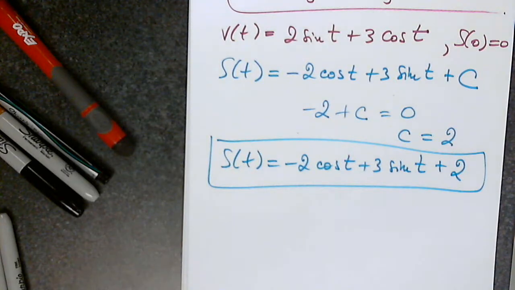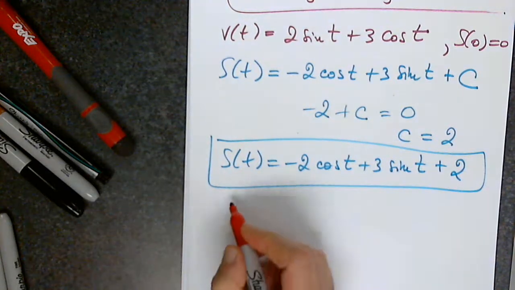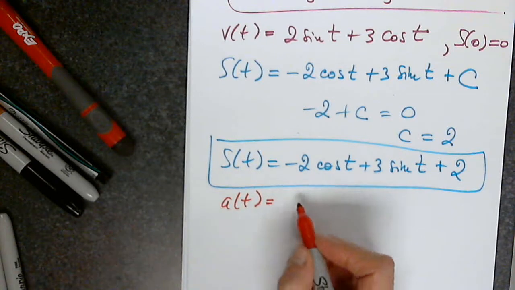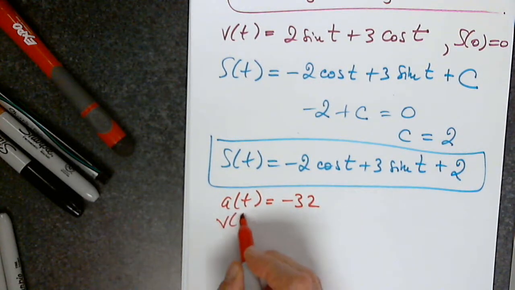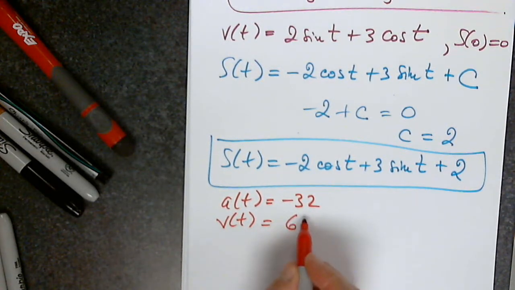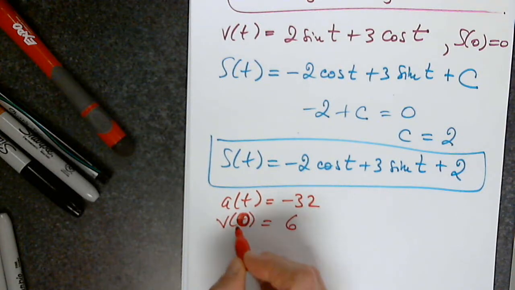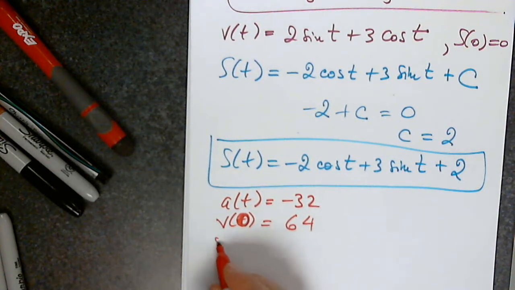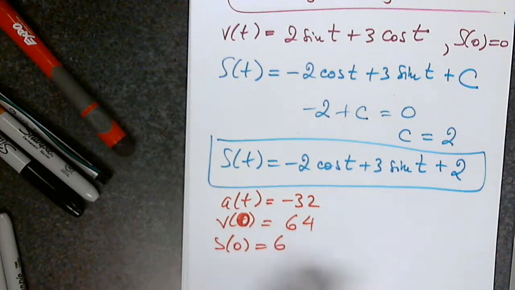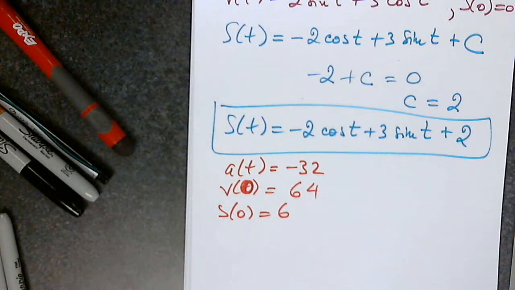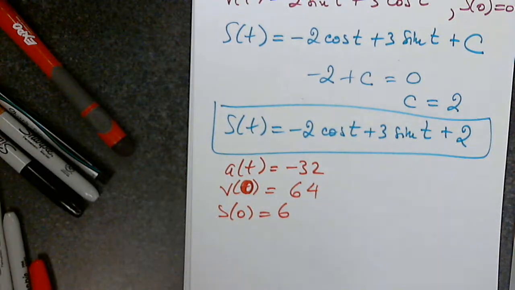True. Here's another example. We are given a of t, which is negative 32. We are given v of 0, which is 64, and we are given s of 0, which is 6. We're asked to find the same thing, the distance, or the position function.